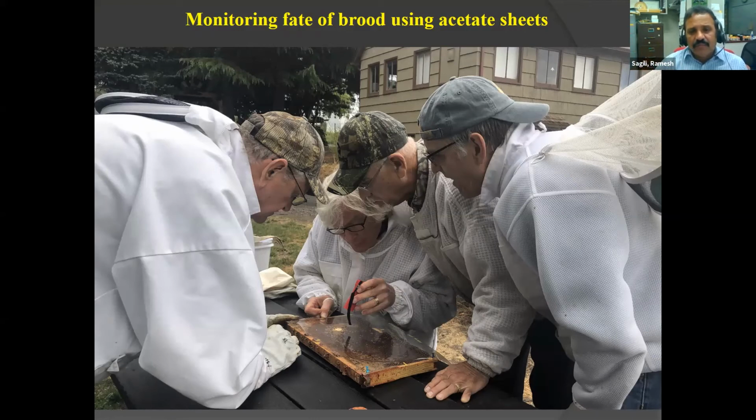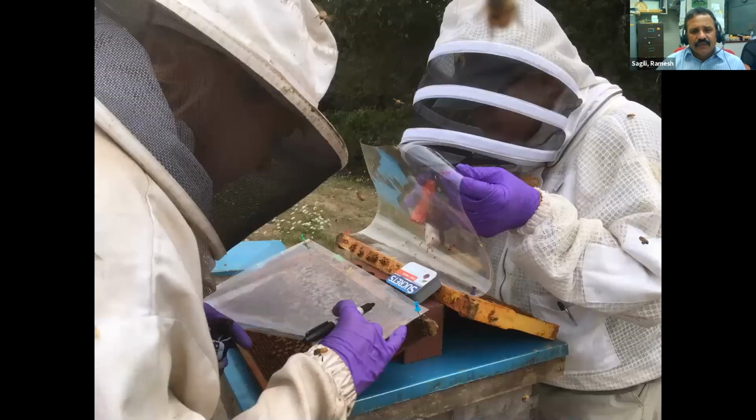We marked about 50 larvae for each age group, like 2-day-old and about 4 to 5-day-old. You can see these dots here, these are all the cells that we marked.